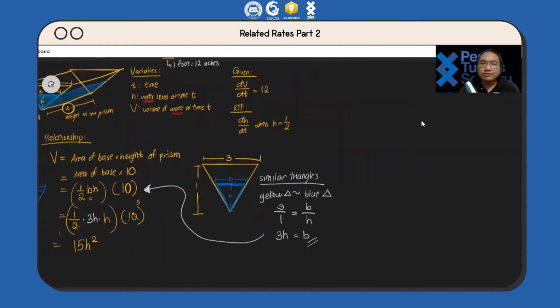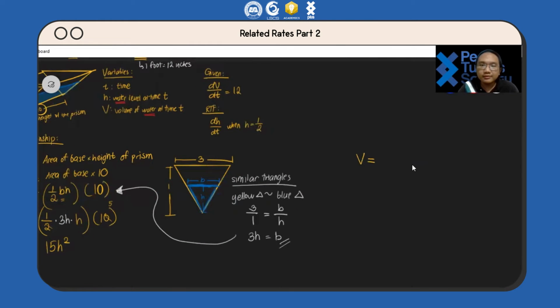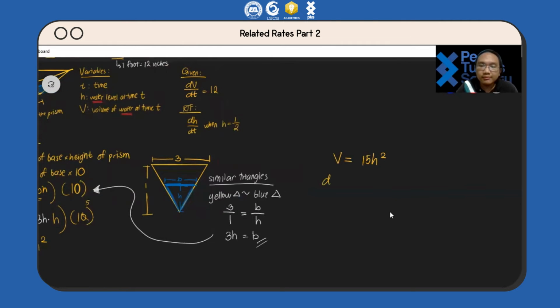Okay. So now we can perform substitution over here. So V is equal to 15h squared. Oh, before we perform substitution, we first look for the derivative. So with respect to time, dV/dt is equal to 15 times 2h multiplied by dh/dt, because we're doing implicit differentiation here.